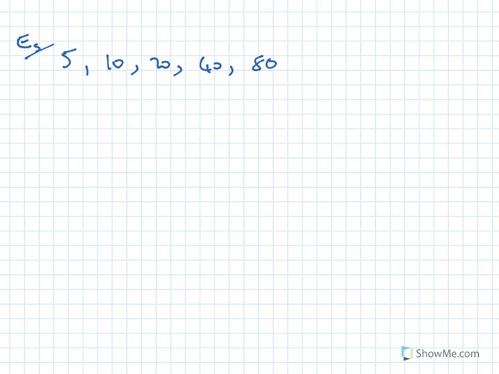So here's my sequence, and let's imagine that it's not actually a sequence, sorry, it's a series. So we've got 5 plus 10 plus 20 plus 40 plus 80, and let's see if we could write this back into sigma notation. So the way to do this is by thinking about what that underlying sequence is in the first place. The underlying sequence is 5, 10, 20, 40, 80.